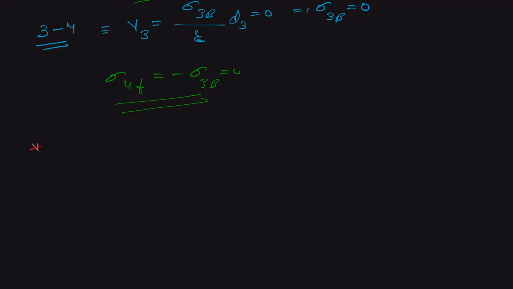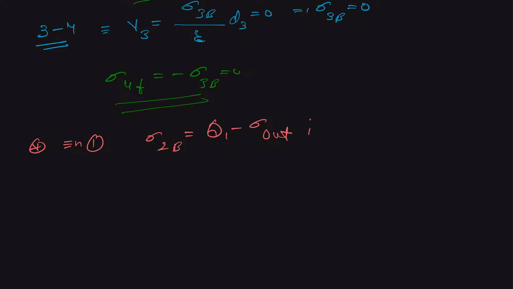So we can say that from equation 1, we can write that our charge density for our bottom is equal to Q1 minus the charge density of the outer.